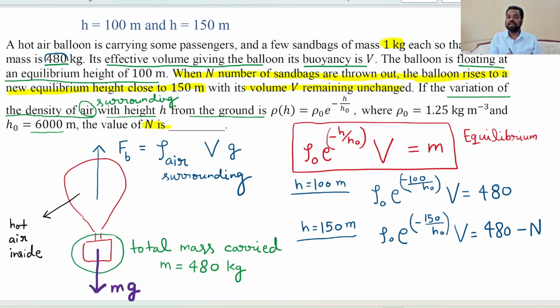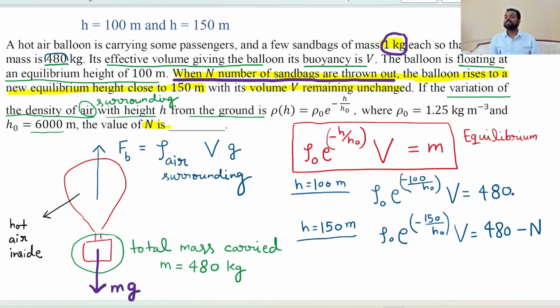Why minus n? Because n number of sandbags are thrown out. Look at this portion: n number of sandbags are thrown out, and each sandbag is 1 kilogram, so n kilogram is thrown out.